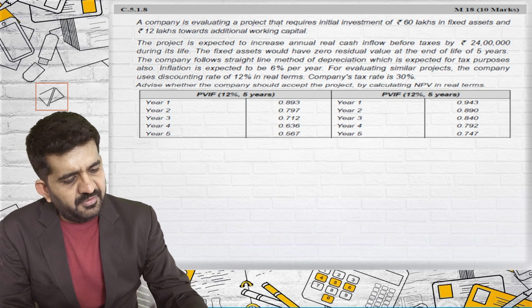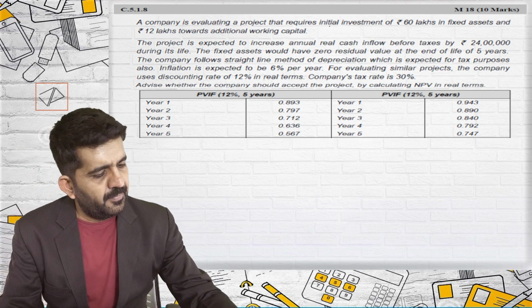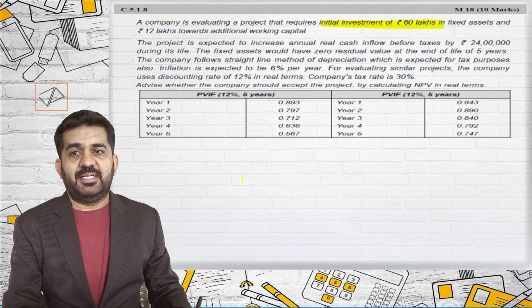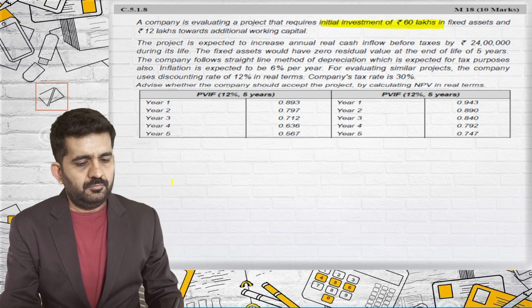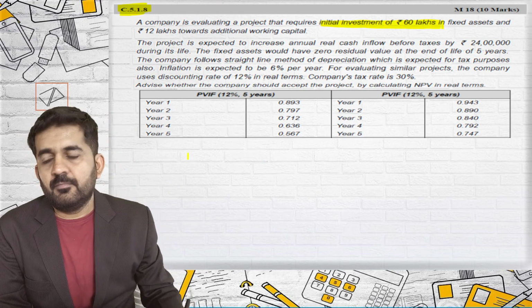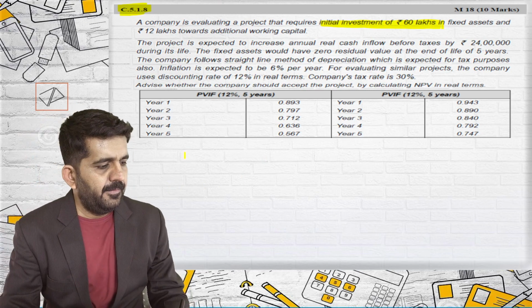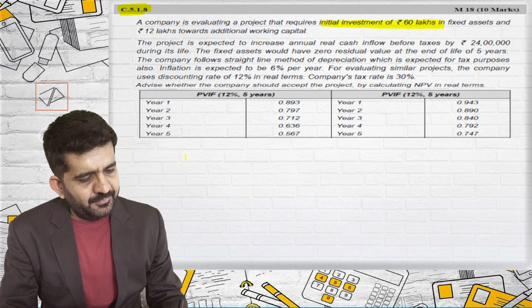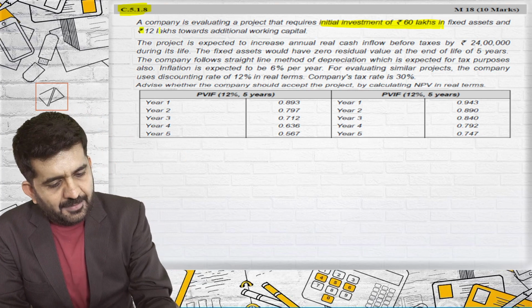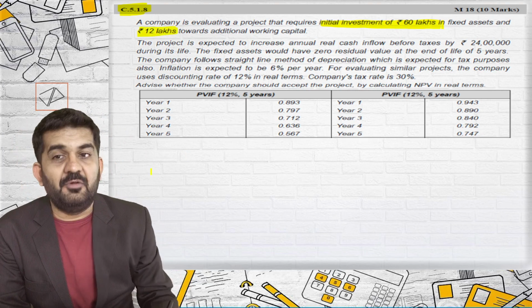A company is evaluating a project that requires initial investment of 60 lakhs. We all are on 5.1.8. In a fixed asset and 12 lakhs towards additional working capital. Working capital, we have done it once.